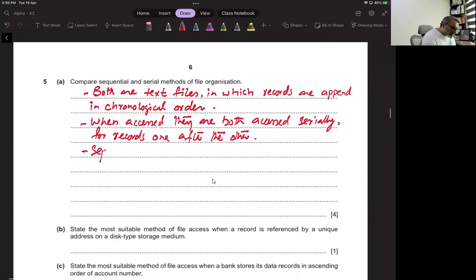Sequential files, when saved, they have a sequence, they have an order of some sort, like serial number.